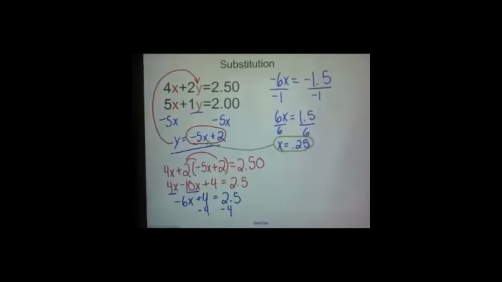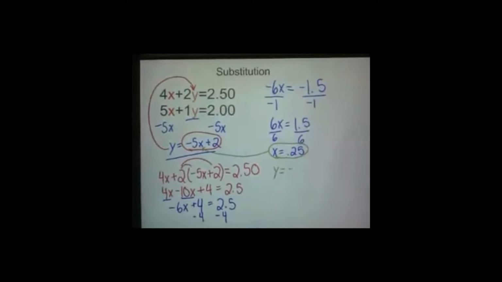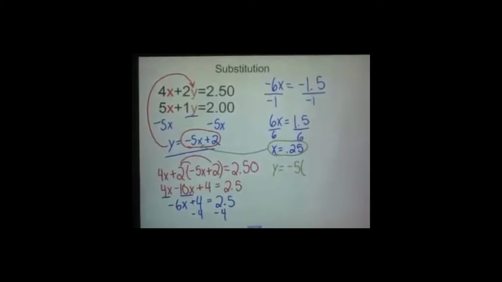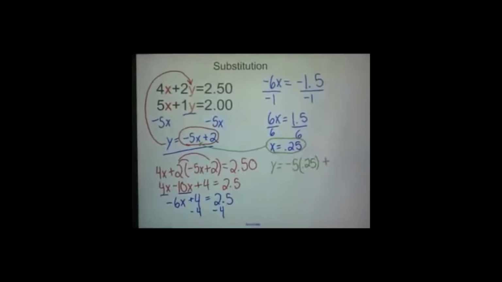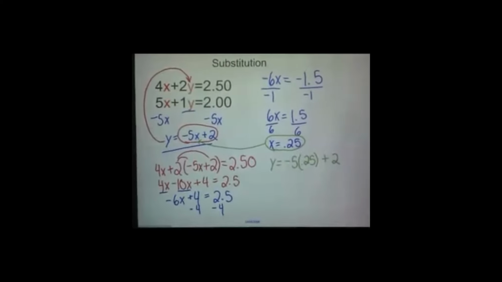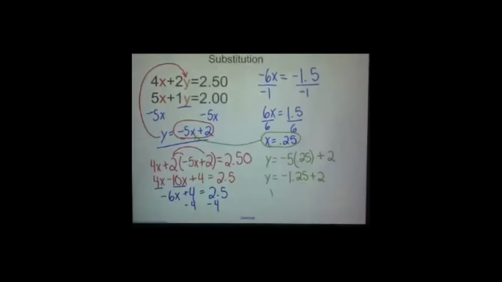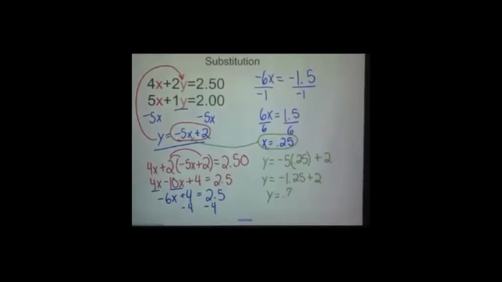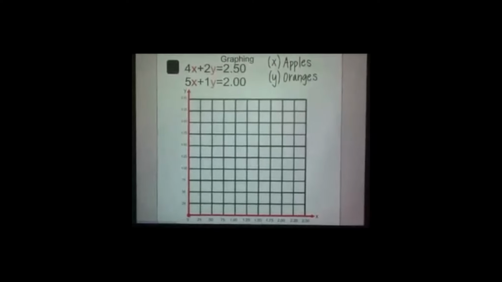So once we do that, we have y equals negative 5 times our x value that we know is 0.25, plus 2, and so y therefore equals 0.75, or 75 cents.